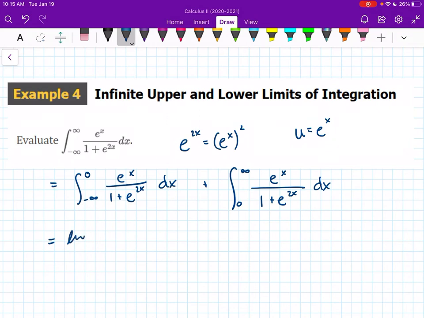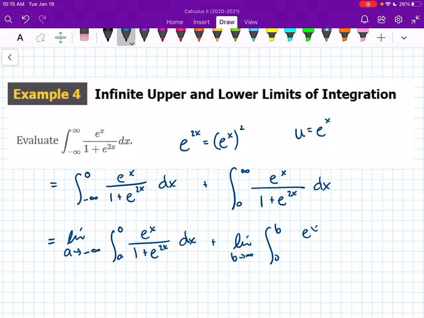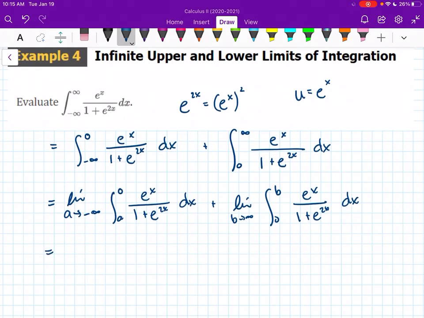So I'm going to say the limit as a approaches negative infinity of the integral from a to 0 of e to the x over 1 plus e to the 2x dx, plus the limit as b approaches infinity of the integral from 0 to b of e to the x over 1 plus e to the 2x. And then we have our good old friend arctan.